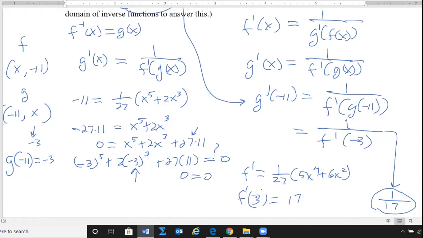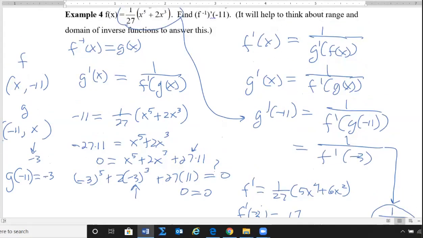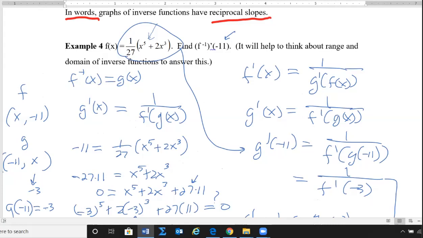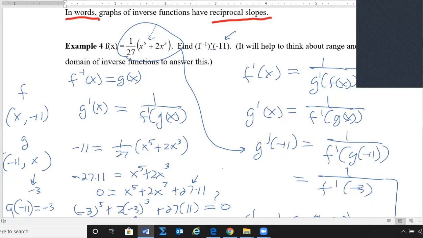If this had been any other number besides negative 11, I don't know if we would have been able to solve this resulting equation. So we did kind of take advantage of the situation. But it did illustrate some of the ideas also concerning inverses, domain, range, and so forth, and our new idea of the reciprocal nature of the derivatives of an inverse and its corresponding function.